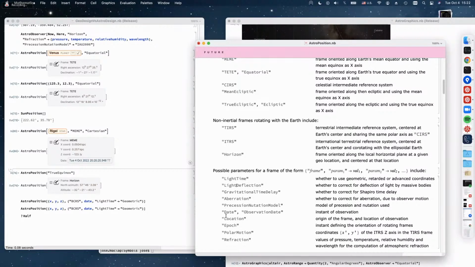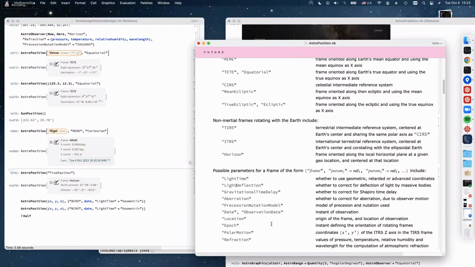So with this, you can say, I'm observing today, but I'm using the orientation of the frame as it was in 1950. Yep. I know epoch is the standard term in astronomy for that, but it's a word that is a bit abused in astronomy. Well, okay, can we qualify it there? Frame epoch or something. Frame date.